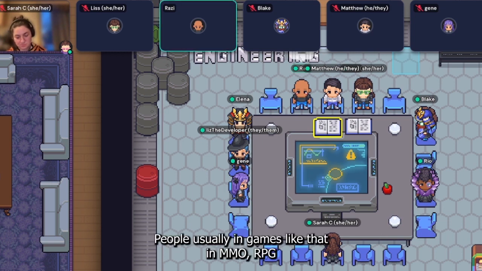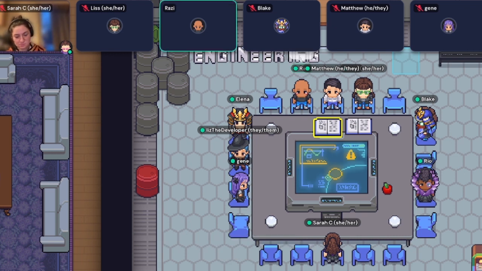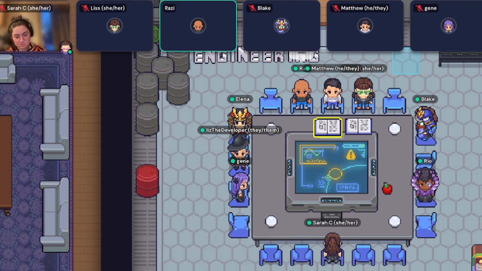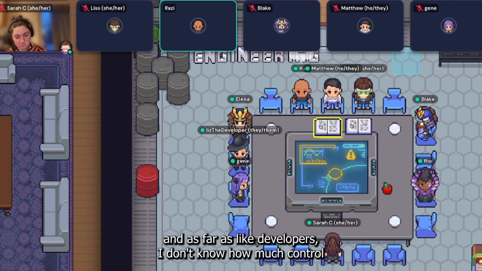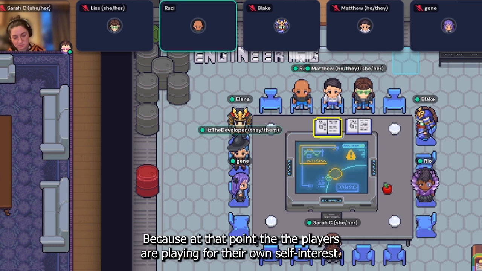In MMORPGs, people will usually have to mine, and drop rates are low for certain things that are usually of value. So in a way, it's like its own ecosystem that functions on its own. As far as developers, I don't know how much control they have over the player-based behavior. Because at that point, the players are playing for their own self-interest.